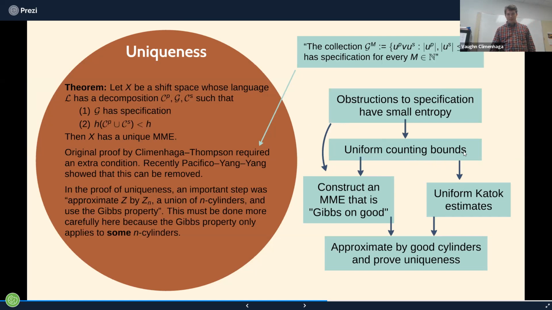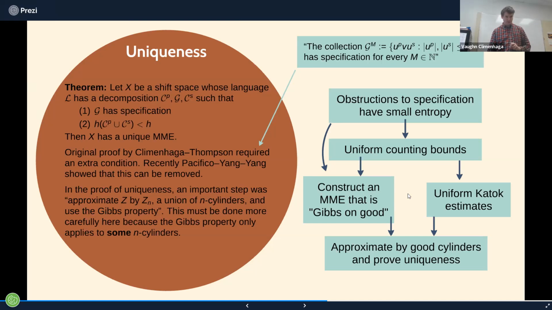You get uniform counting bounds, which in our case can be deduced from assuming that obstructions to specification have small entropy. That leads to uniform counting bounds via the computation that I showed you and then ran away from. From those, you deduce the uniform Katok estimates via another computation that I showed you and then ran away from. Those together with the specification property let you construct an MME that has the Gibbs property on good words, on good cylinders.